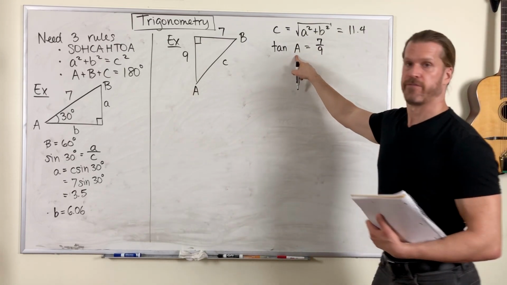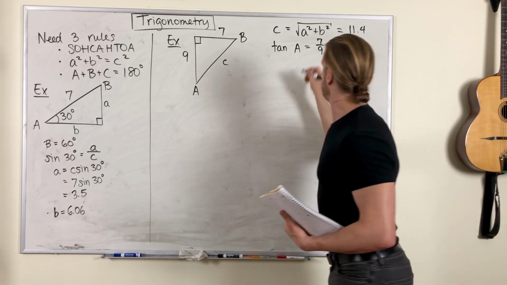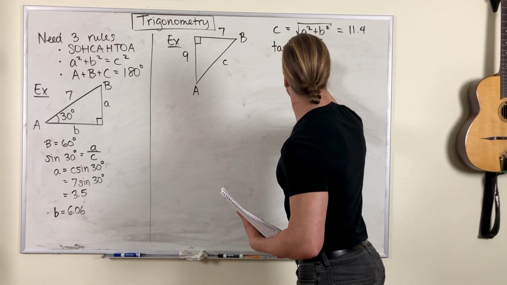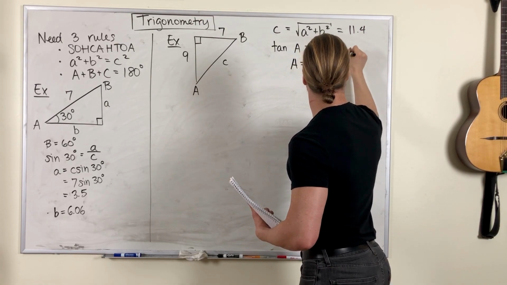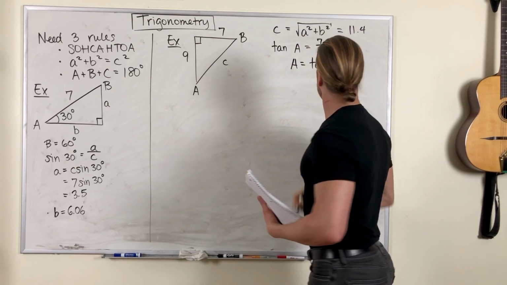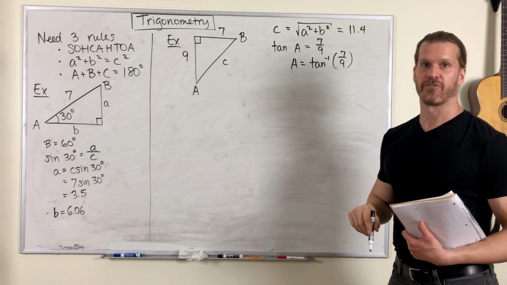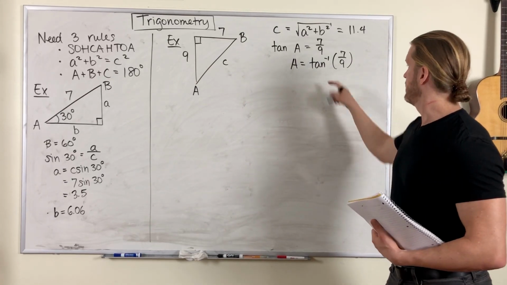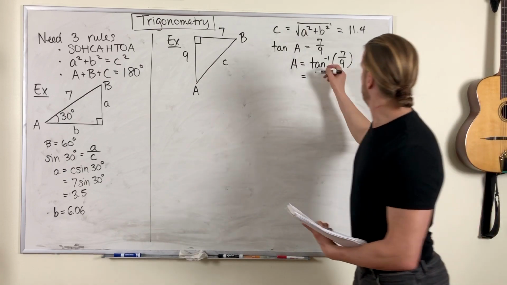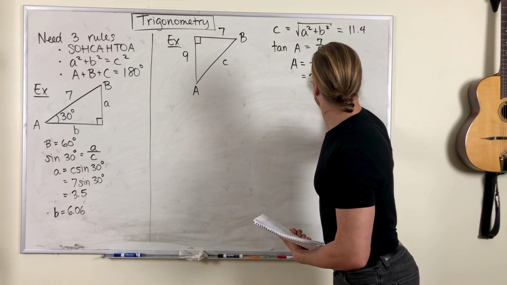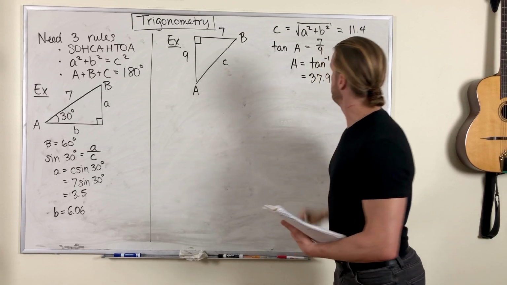And remember, the way to figure out A is to do the inverse tangent. So find the inverse tangent function on your calculator, and you should get the angle A is 37.9 degrees.